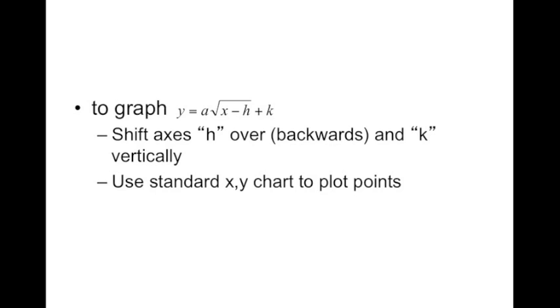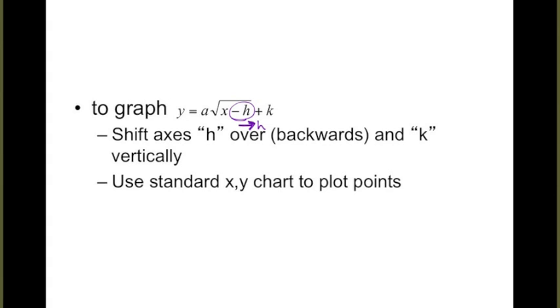So to graph our root graphs, what we're going to do is take care of any shifting that's going to occur. We talked about function shifting earlier this year, and one of the nice things about function behaviors is that all of them behave the same way in terms of shifting. Whatever is with the x underneath the root is going to be a sideways shift, and it's going to go backwards. So this one would go over to the right h, if it's minus h.